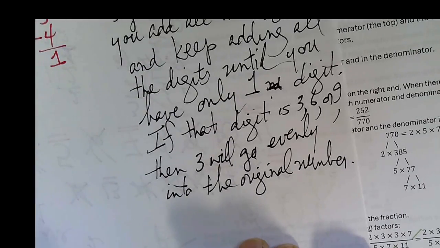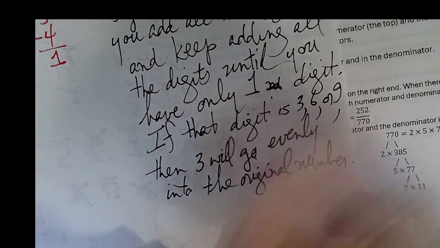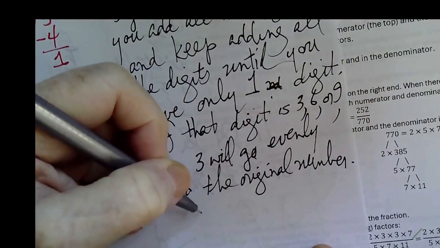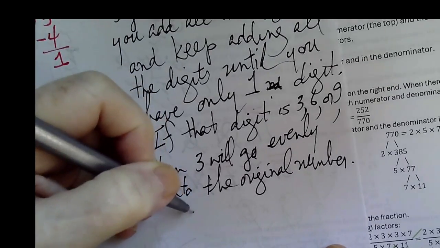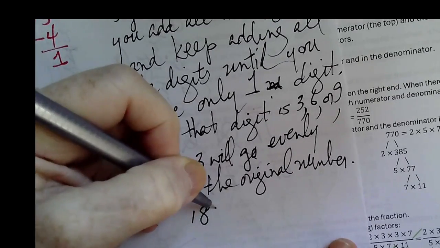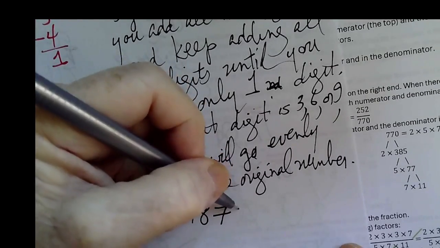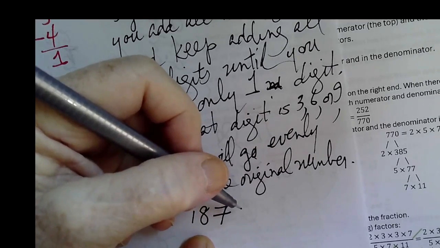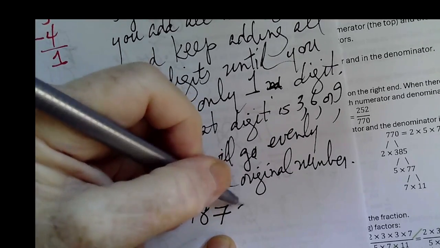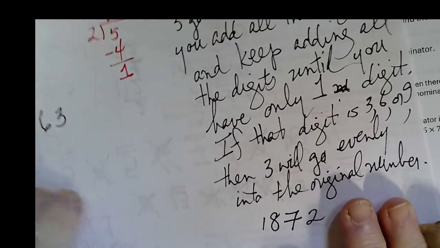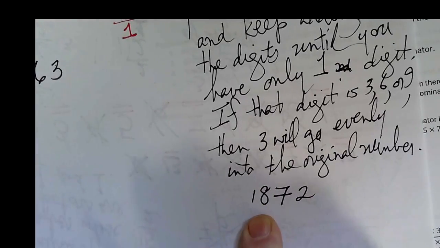And let's look at an example where we have to add more than once. So what if we had the number 1872? And we want to see, does 3 go into 1872?